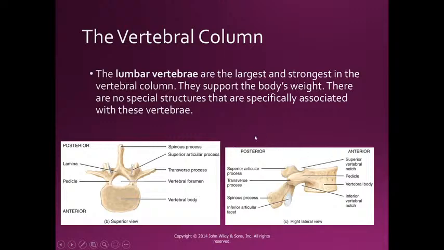The lumbar vertebrae aren't like that. They don't have any special features that tell you they are this bone or that bone. However, if you have the entire skeleton, you can tell pretty easily because the lumbar vertebrae are much larger than the other vertebrae. Not only do they have a larger vertebral body, they have a larger vertebral arch, and much larger transverse processes and spinous processes.